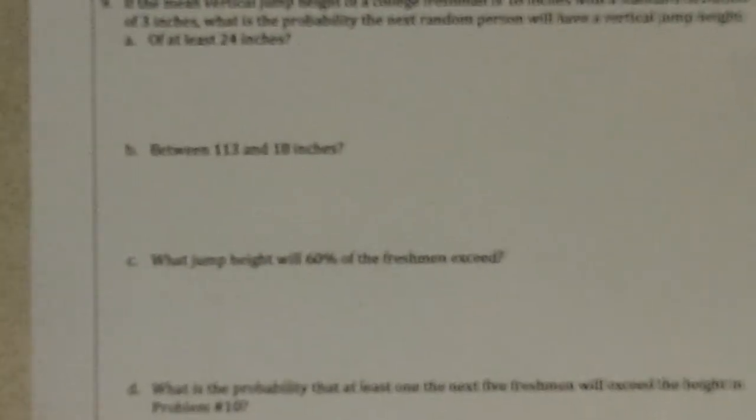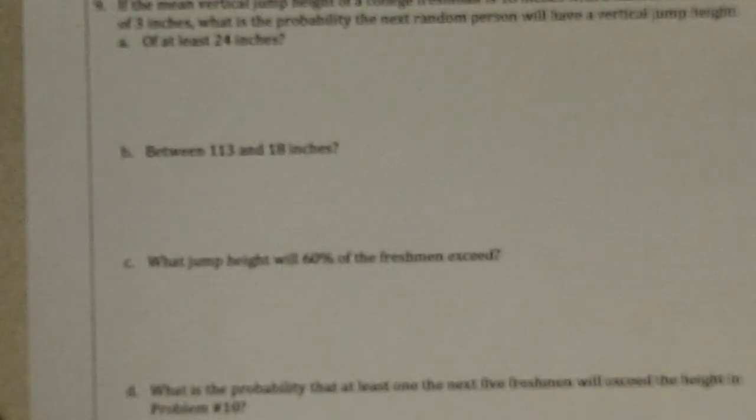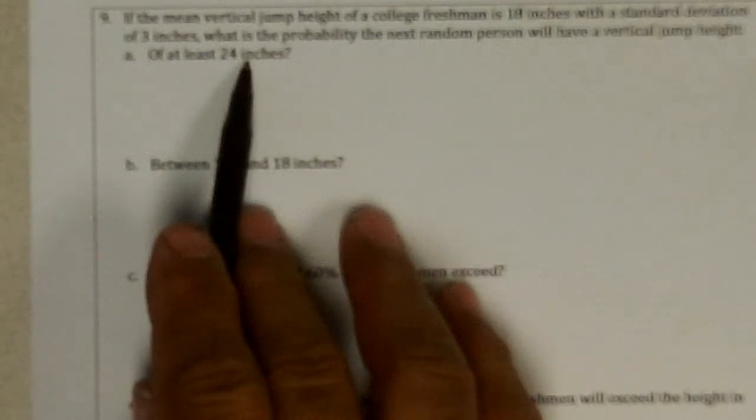Page 4. If the mean vertical jump of a college freshman is 18 inches with a standard deviation of 3, what is the probability that the next random person will have a vertical jump height of at least 24?